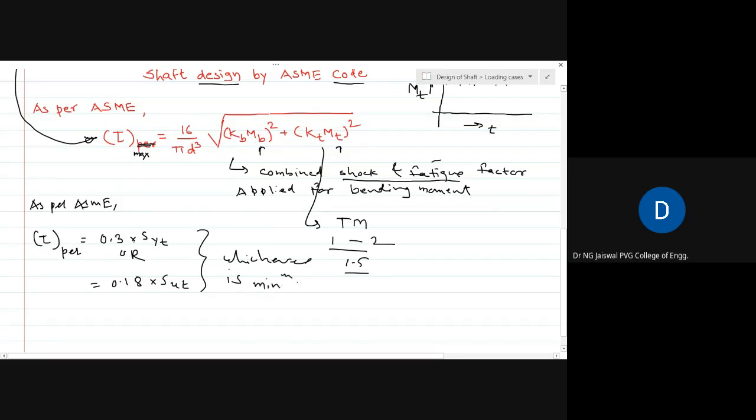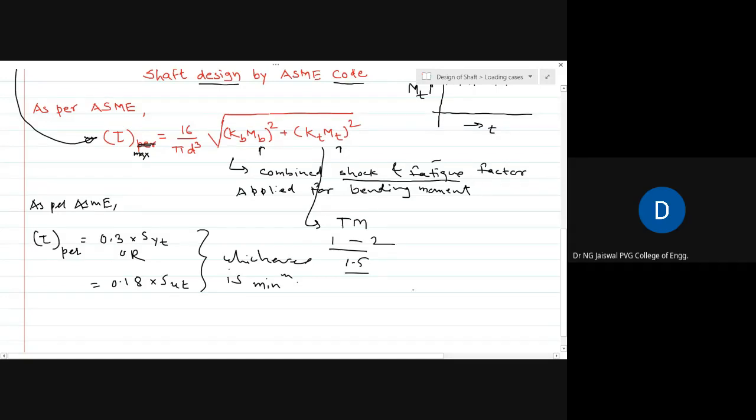So another equation which is given by ASME is, permissible shear stress is equal to 30% of SYT, that is yield strength in tension, or 18% of SUT. SUT stands for ultimate tensile strength.